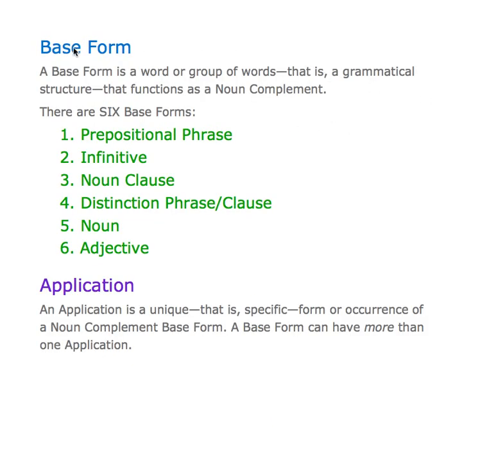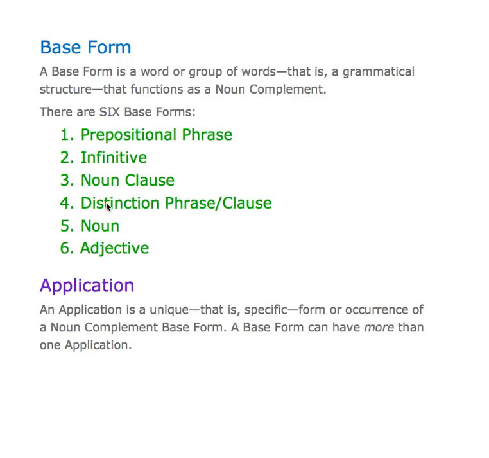A base form is a word or group of words that is a grammatical structure that functions as a noun complement. There are 6 base forms in my system: prepositional phrase, infinitive, noun clause, distinction phrase or distinction clause. You would probably call this a relative clause.